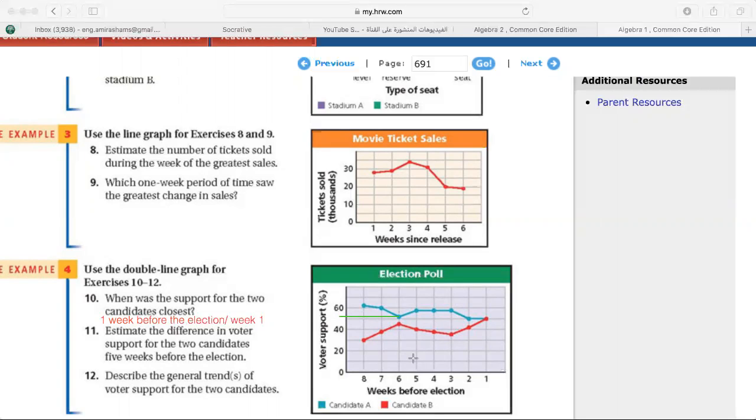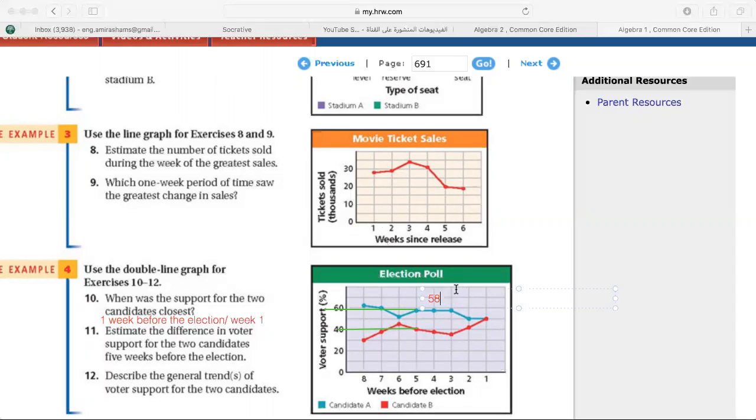So they want which week? 5 weeks, I'm sorry, 5 weeks here. So I want to read the blue one and I want to read the red one. The blue one is approaching 60, but it is not on 60, so let's say it is 58.